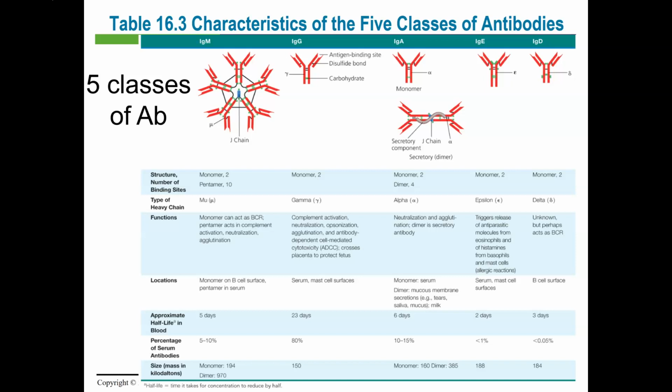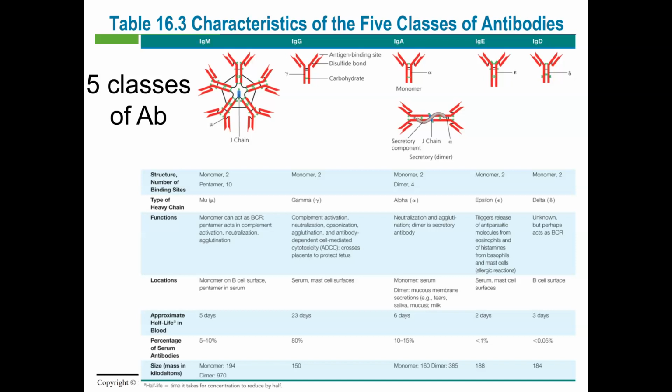My last slide for this section is going to cover the classes of antibodies. There are 5 of them. IgM is this large one that looks like a snowflake. IgM is the first antibody produced, and thus it's the first on the scene. When B cells are stimulated to make antibodies and secrete them, the first thing that they do is make IgM.